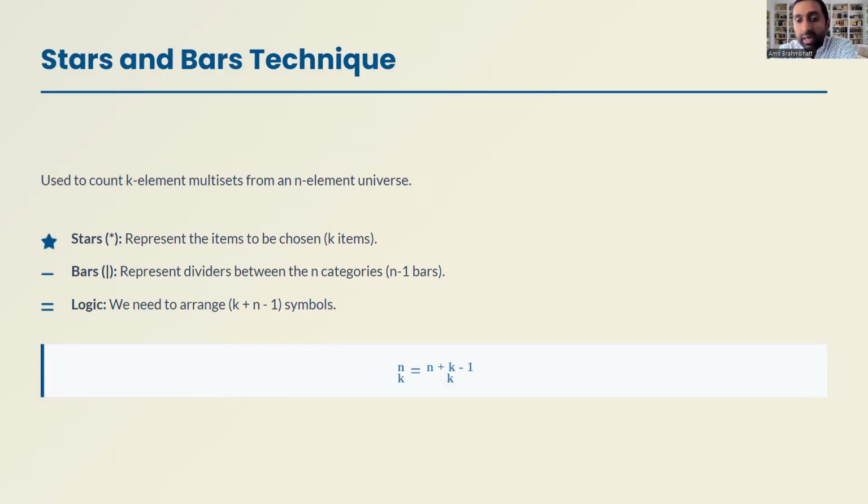Any sequence of stars and bars represents a unique multiset choice. Because we are arranging a total of k stars and n-1 bars, the problem simplifies to choosing k positions out of a total of k plus n-1 slots. This gives us our multichoose formula.